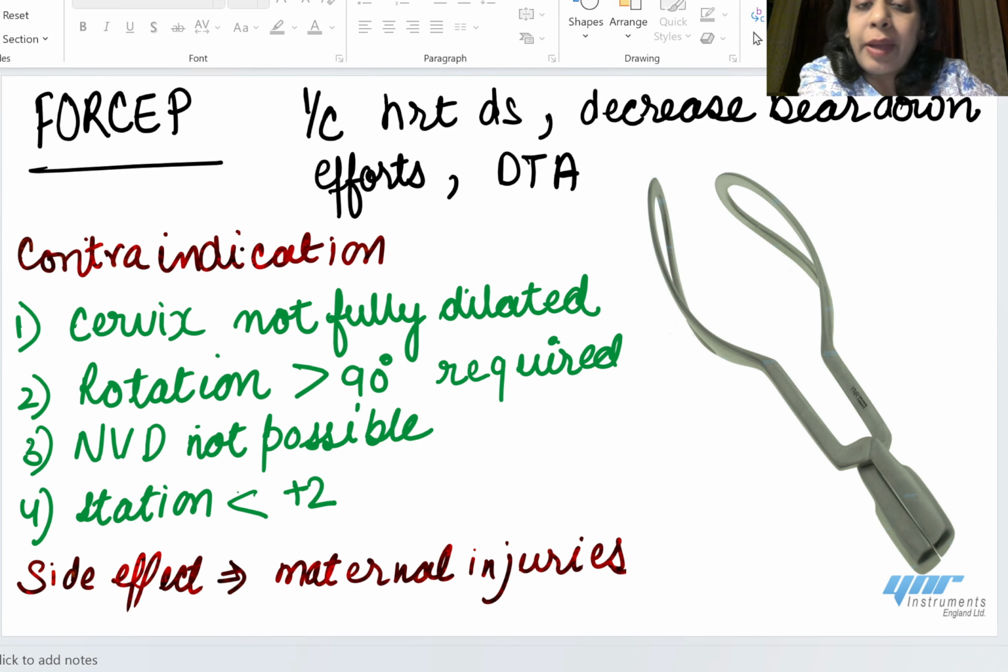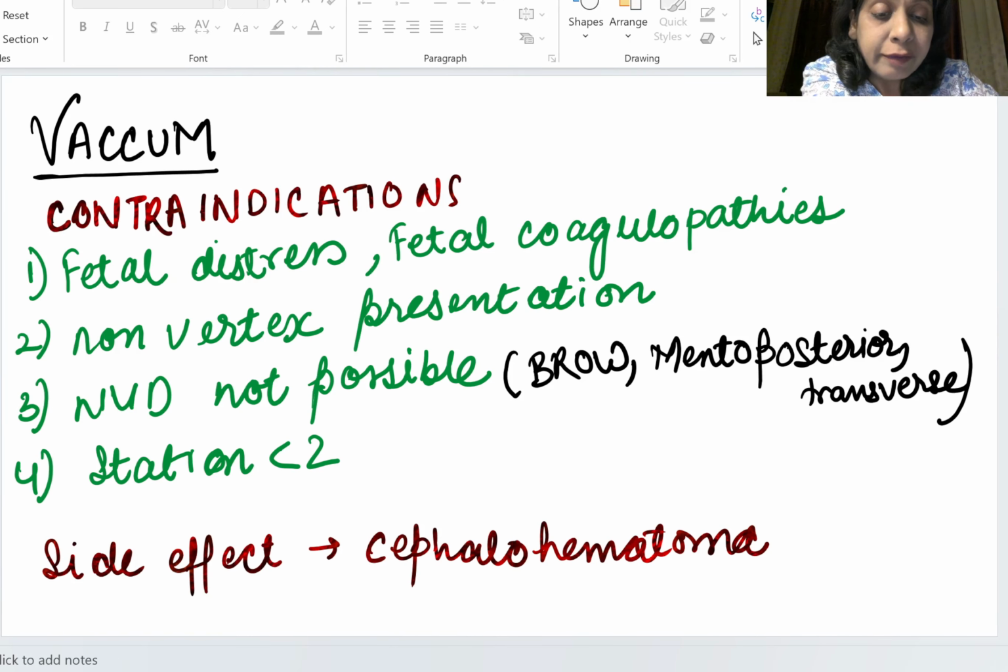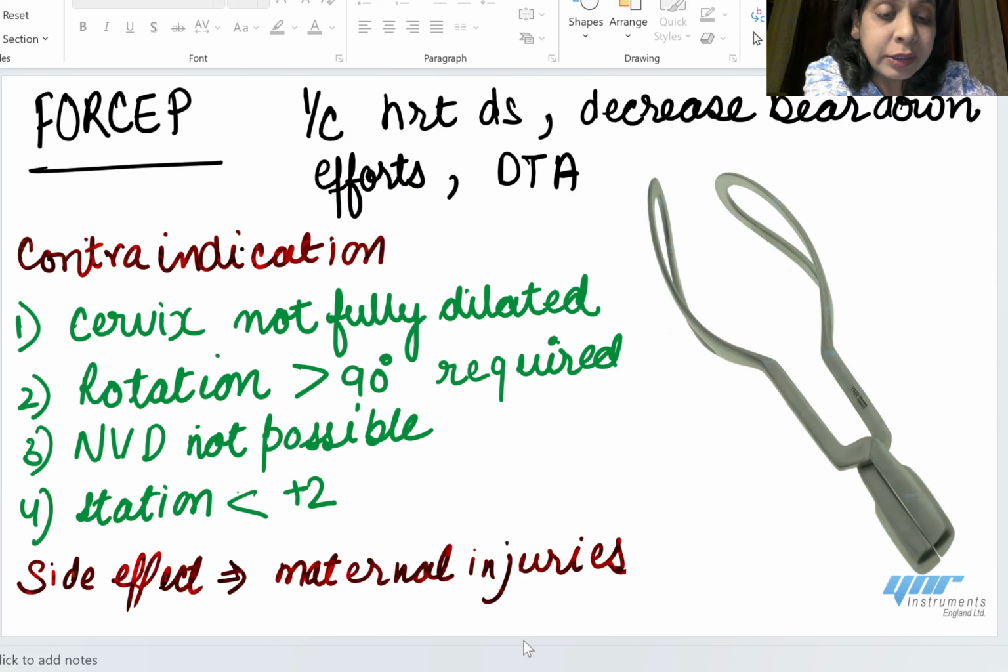Now let's study the vacuum. But one thing more about the forceps I want to tell you: if the station is less than +2, then we can't use the forceps or the vacuum.